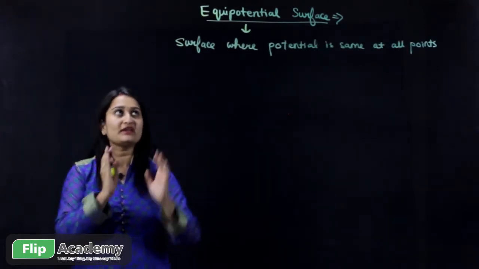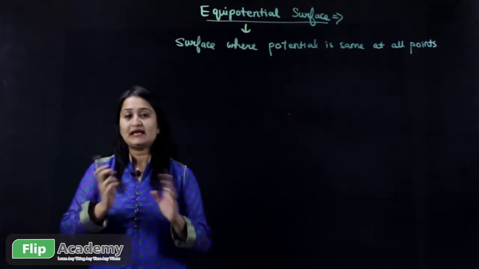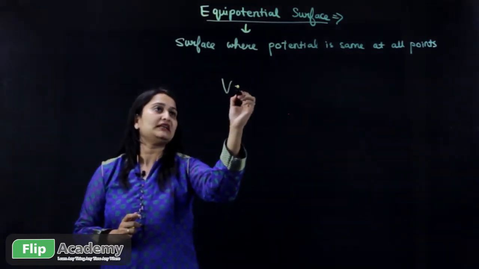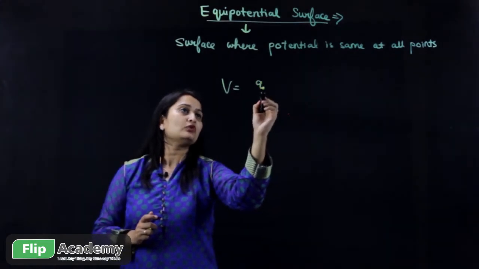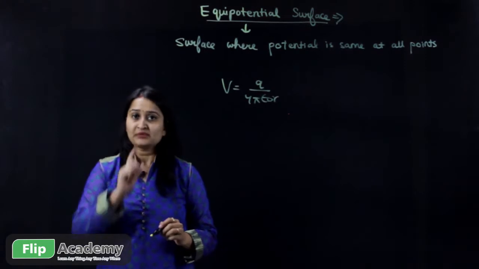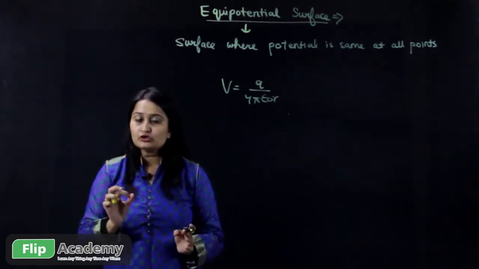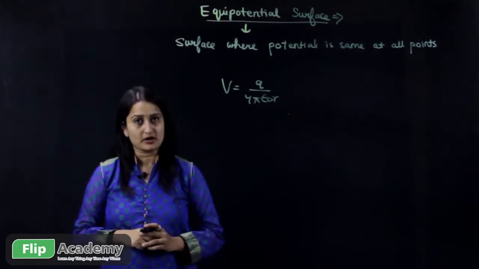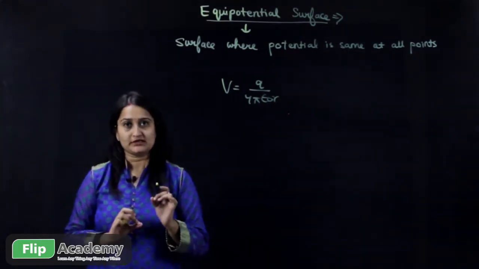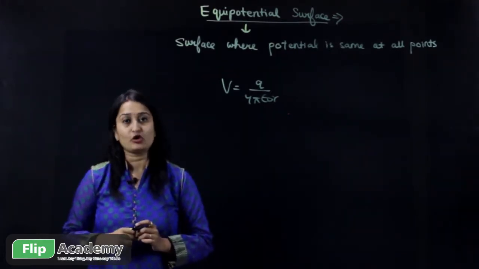Now, in order to explain clearly what an equipotential surface is, let's move on to the formula. What is the formula for the potential? It is given by Q upon 4 pi epsilon naught r. This is the formula for the electric potential due to a point charge. Now, if I consider a point charge, what is the equipotential surface for it?